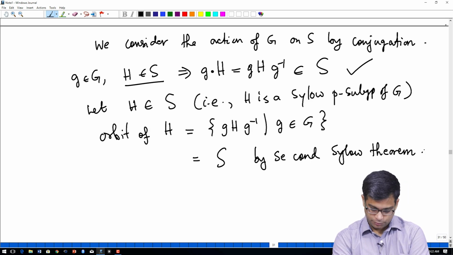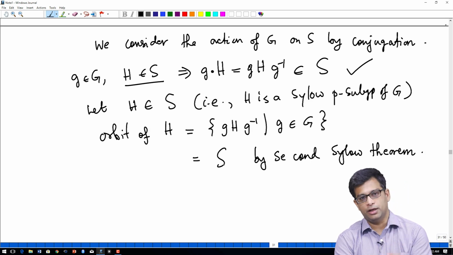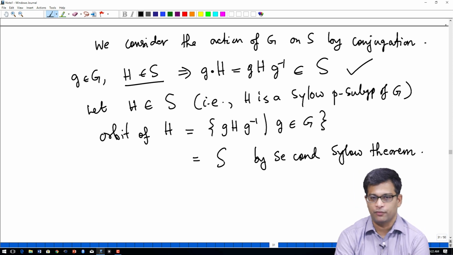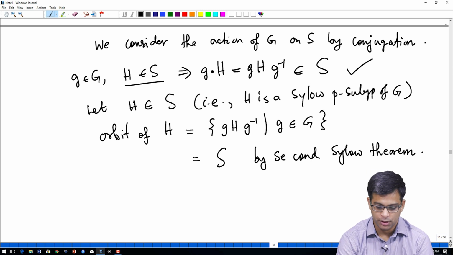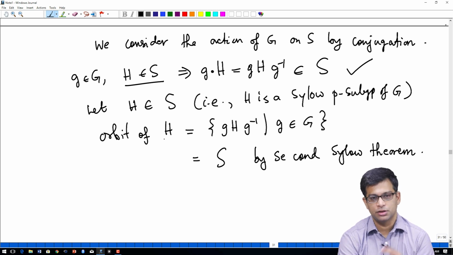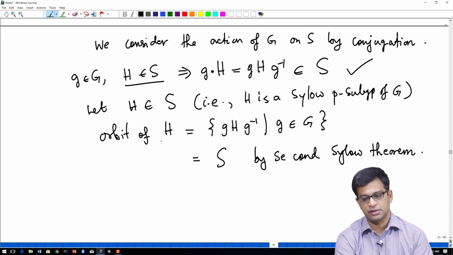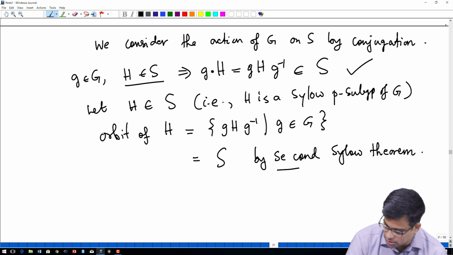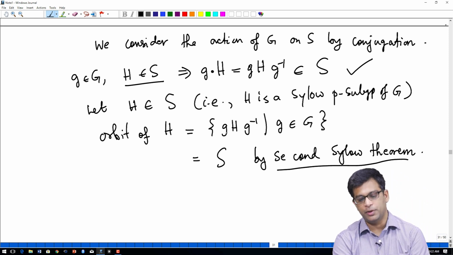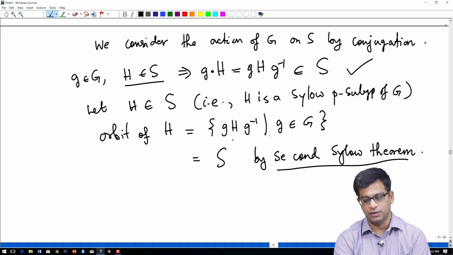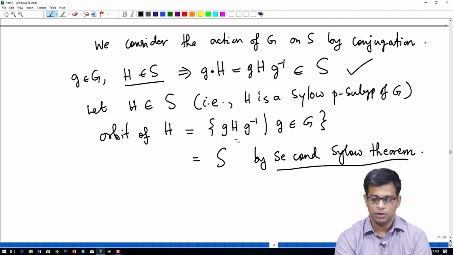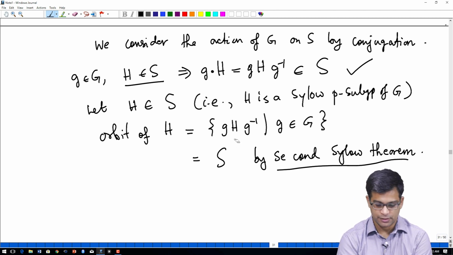Because any two Sylow P subgroups are conjugate. So, you take any element of S, namely a Sylow P subgroup, it is conjugate to H by the second Sylow theorem. So, there will be a suitable g such that gHg inverse is that Sylow P subgroup. So, the orbit of H is all of S.